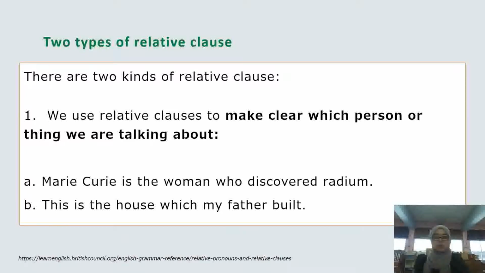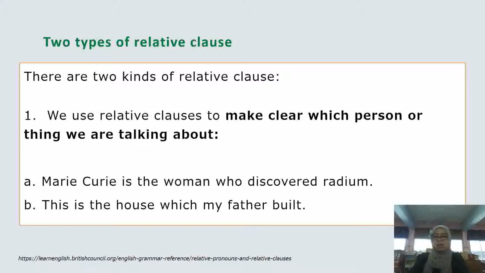So we are talking about Marie Curie. This is the first type of relative clause. The second example: this is the house which my father built. So we are referring to the house which my father built.